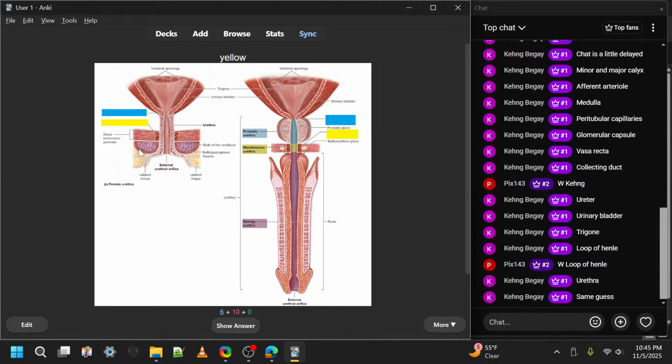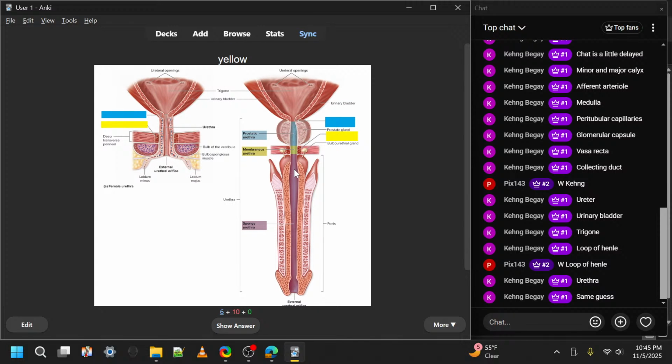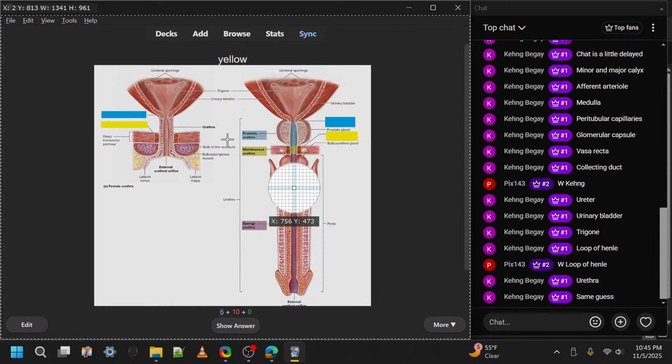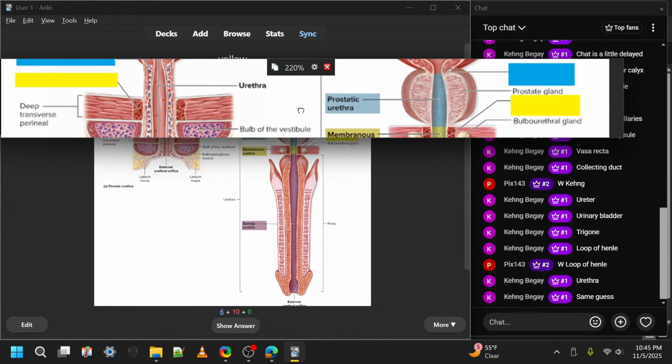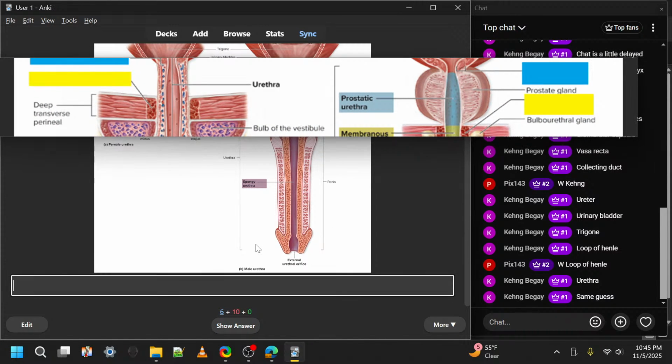Alright, what is the yellow? Oh, the yellow is just the opposite of that. I'll let you guess. Don't look at the text box while I'm guessing.